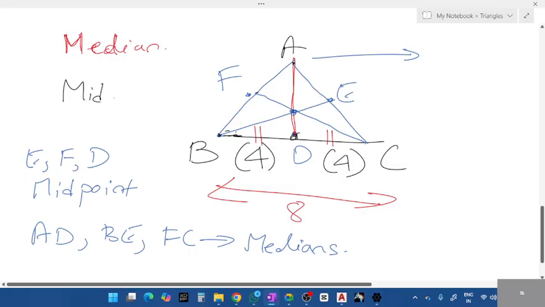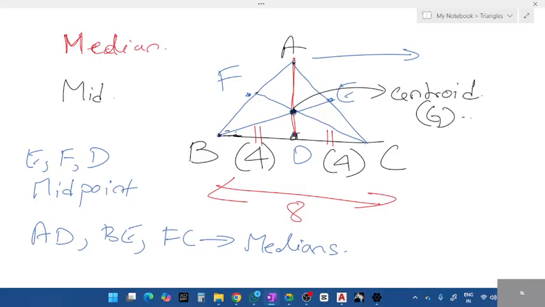And all 3 medians intersect at a common point. This you call it as centroid. What's the name given to this? Centroid. They might ask you for MCQ. Okay, where all 3 medians meet. What is that point of intersection called?